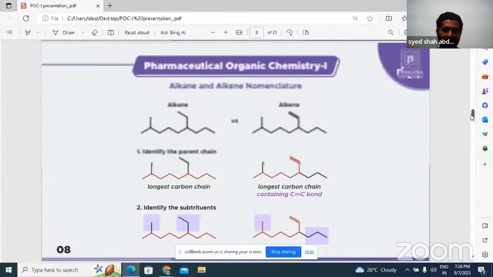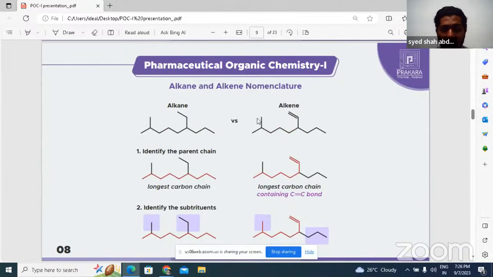So let's take an example here. We are trying to give names for an alkane as well as an alkene. These are the line structures. First of all, we identify the parent chain, and the rule is that we should consider the longest chain, and the longest chain should include the functional group.